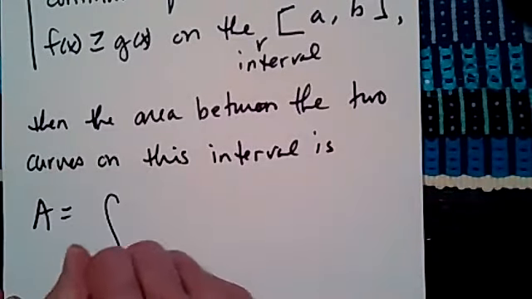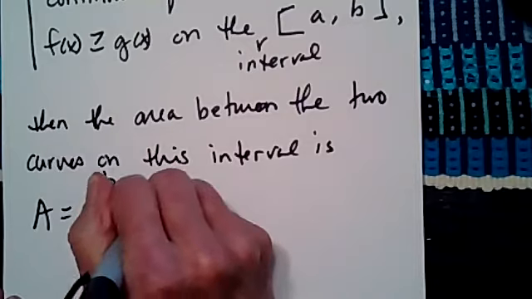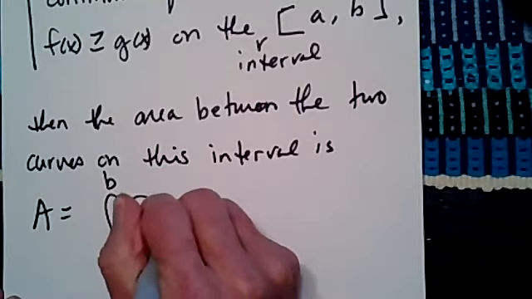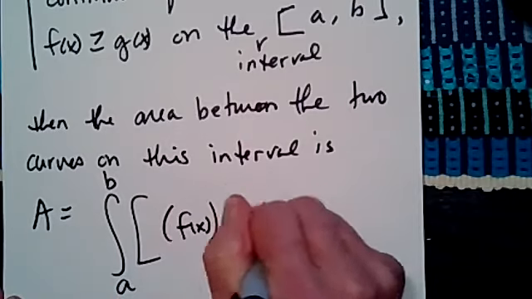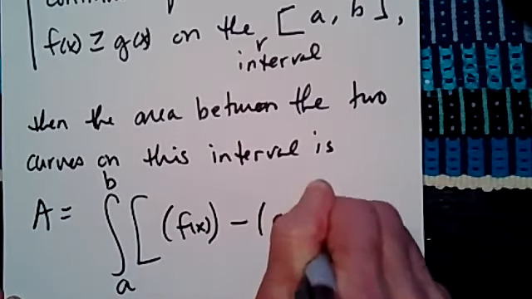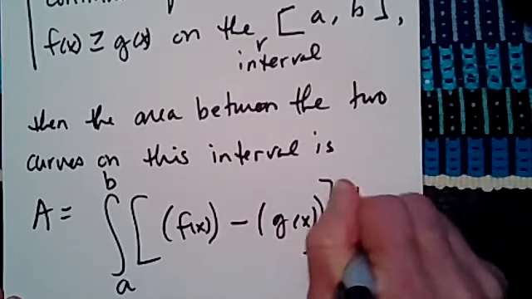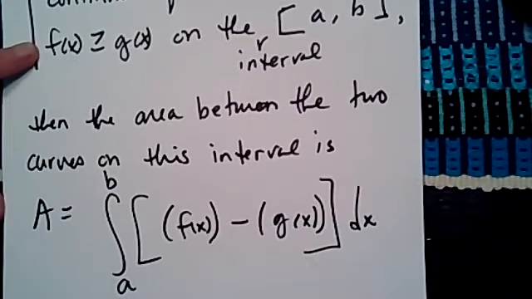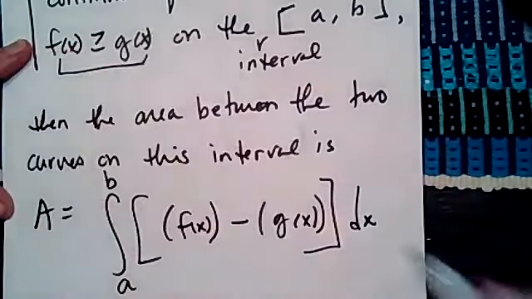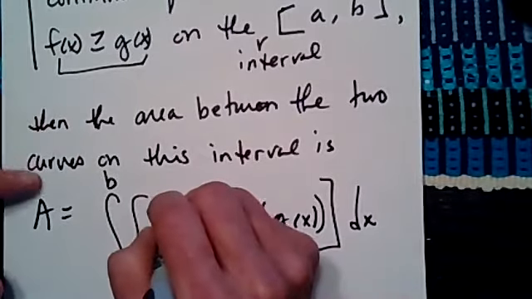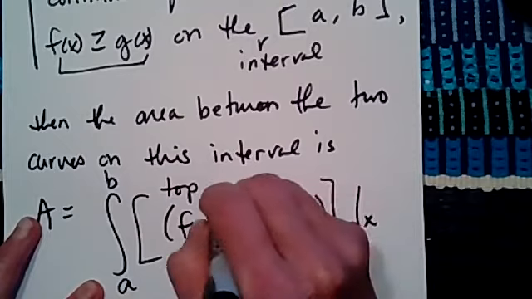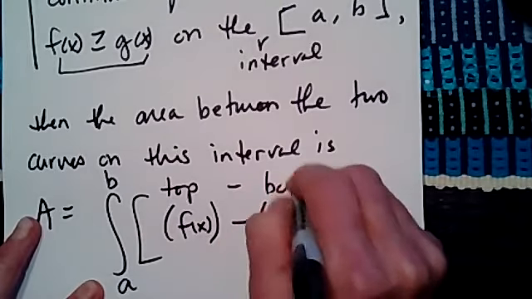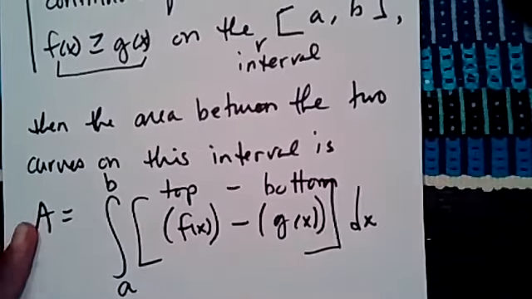the integral from a to b of f of x minus g of x dx. And remember, f of x is greater than or equal to g of x, meaning if you look at the graph of these two curves, it's always the top curve minus the bottom curve.